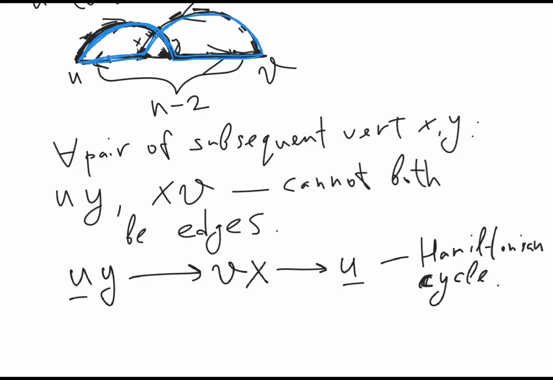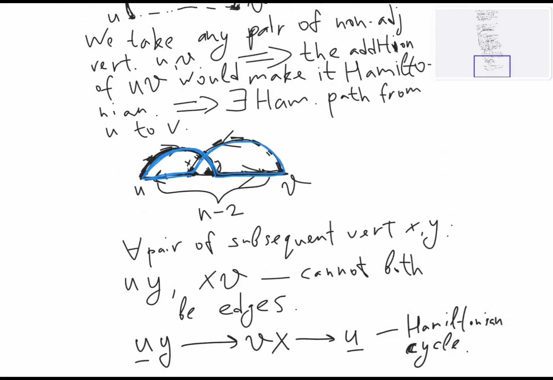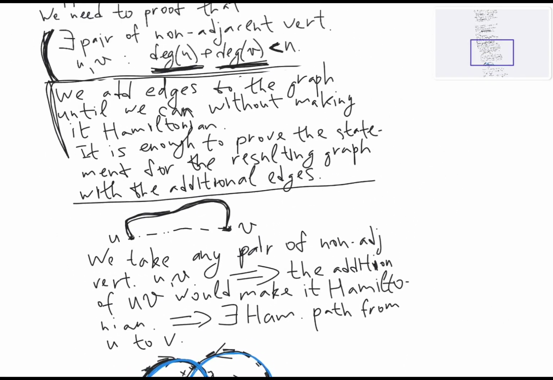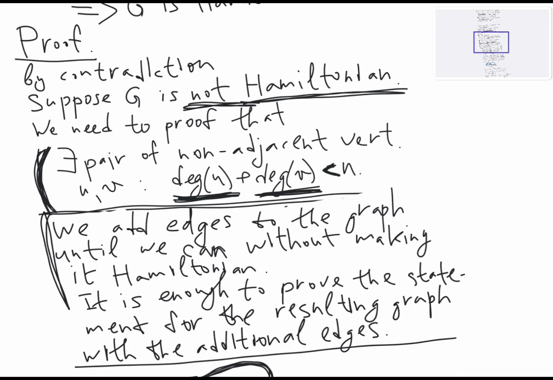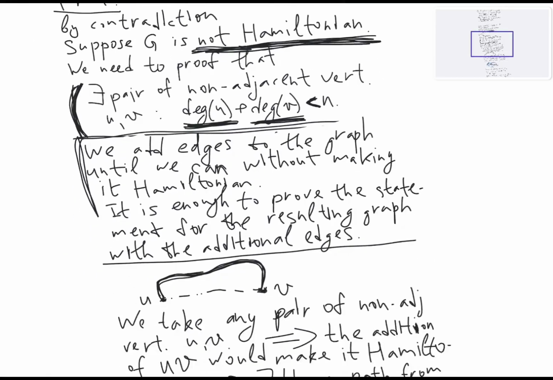Yeah, and at the beginning we supposed that G is not Hamiltonian, right? So this is a contradiction.